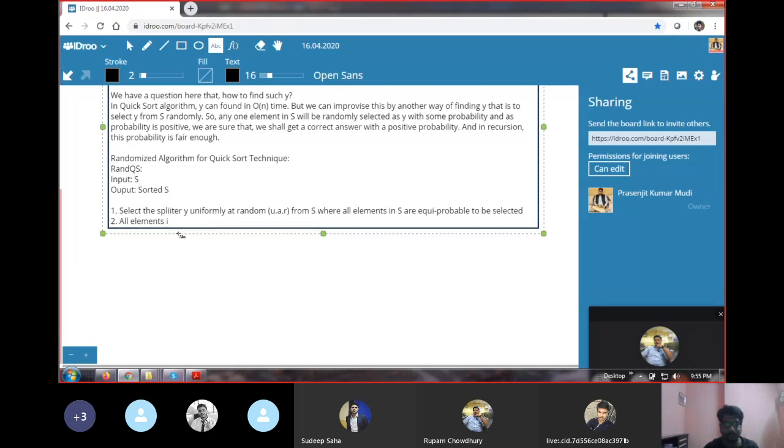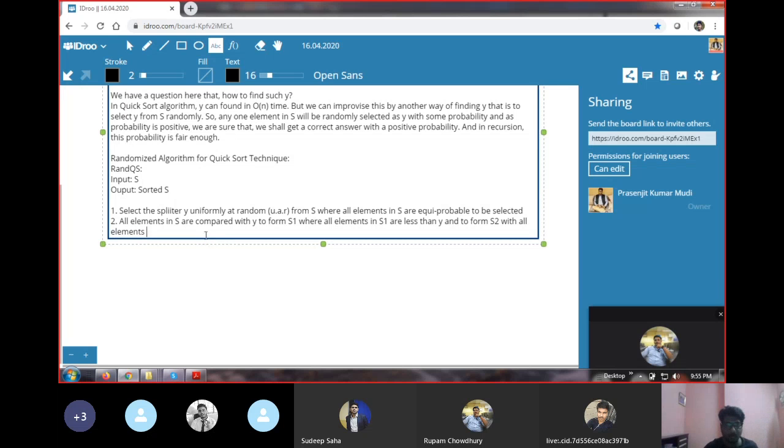All elements are compared with y to form S1, where all elements in S1 are less than y, and to form S2, all elements greater than y.